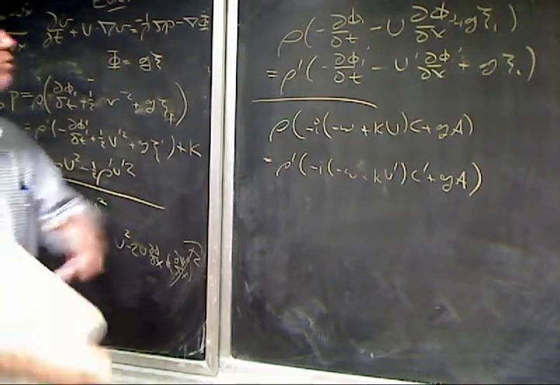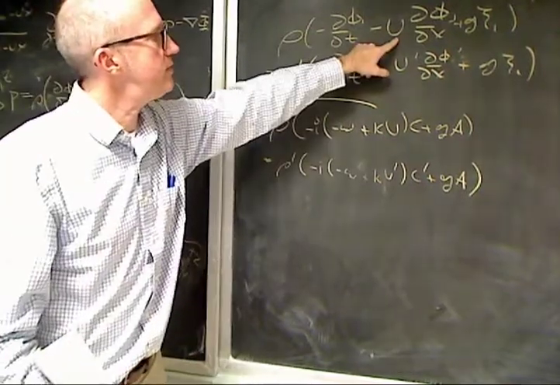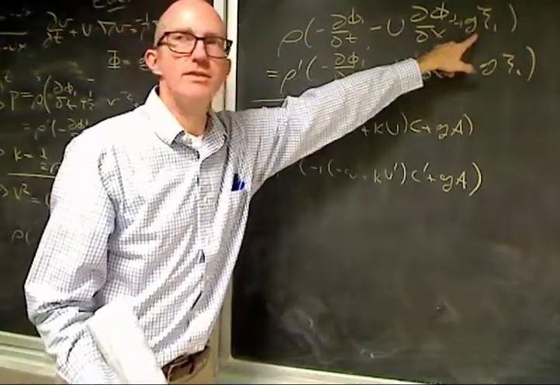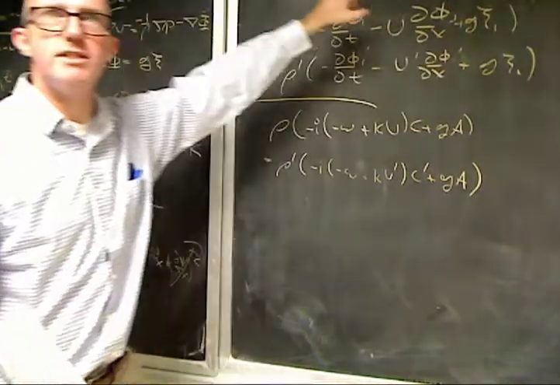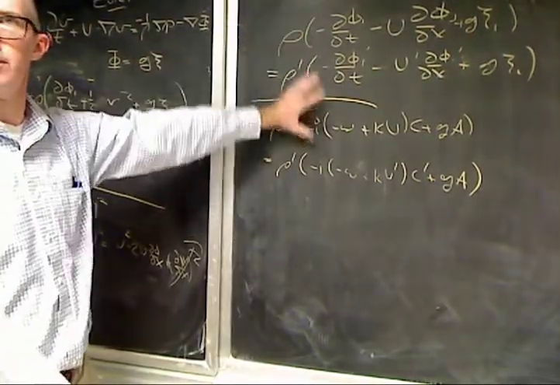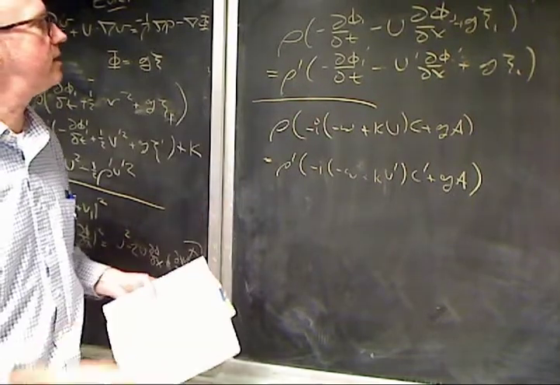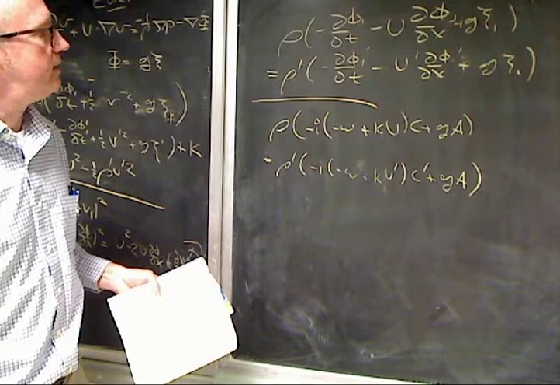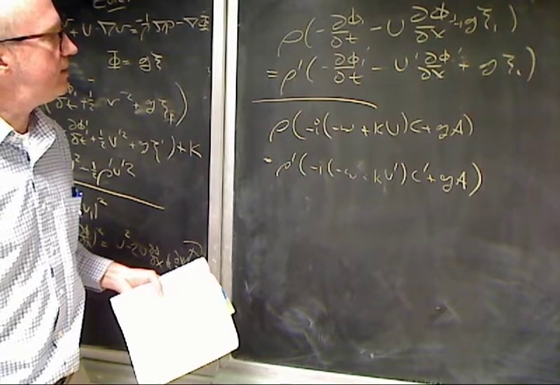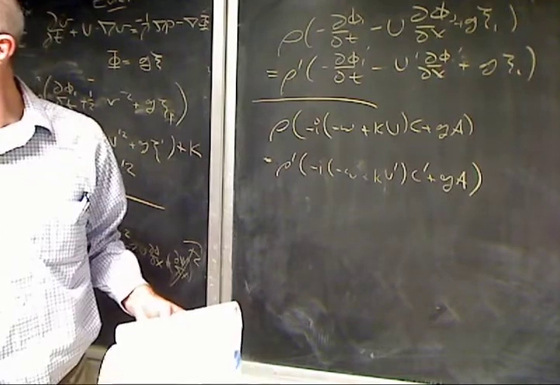No, there's no omega prime. So now I've just plugged in, this is my omega. I get a ku from this. I get a ga from this. Does everybody see how I went from here to here? Or does anybody have any questions about that? And then the rest is algebra.